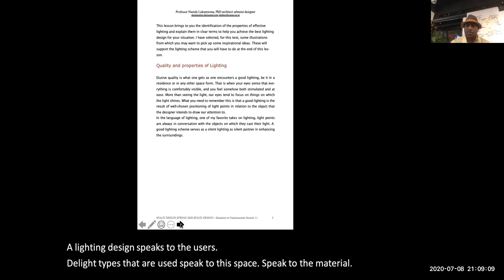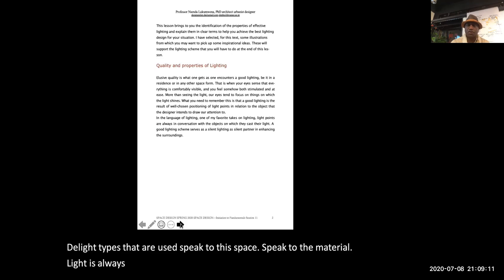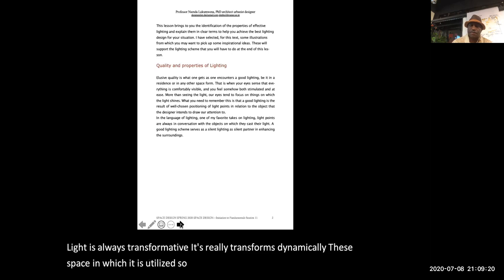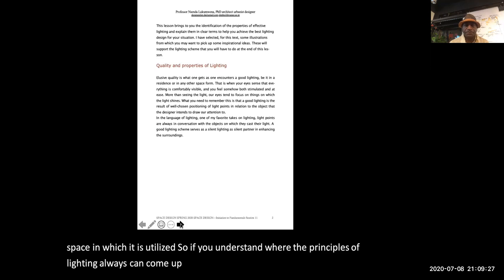Light is always transformative. It really transforms dynamically the space in which it is utilized. So if you understand well the principles of lighting, you always can come up with good results.